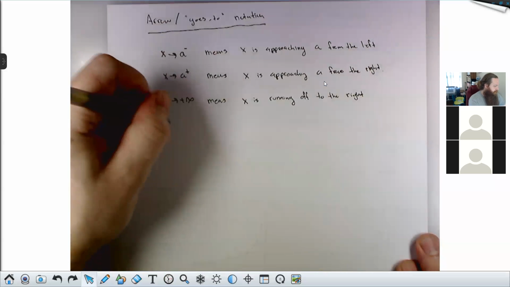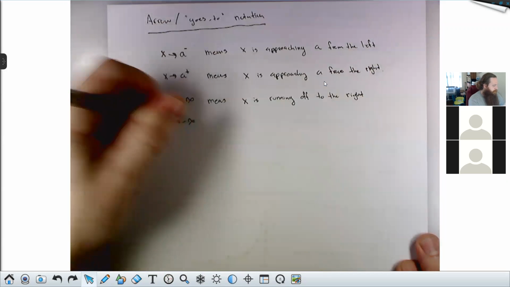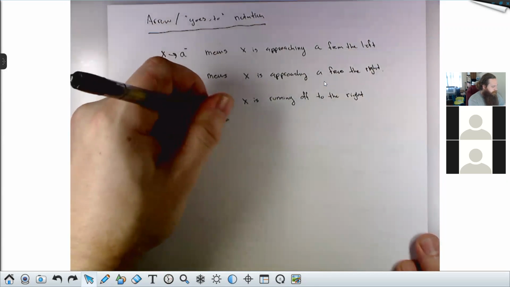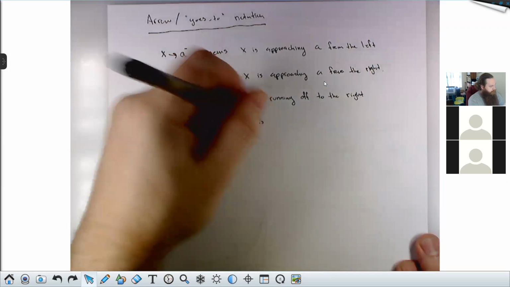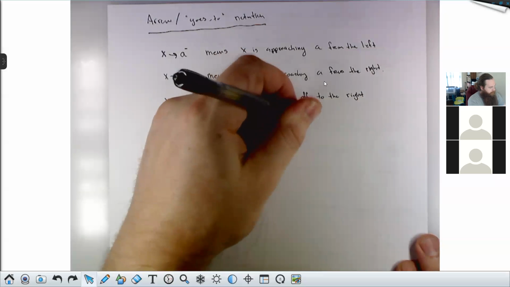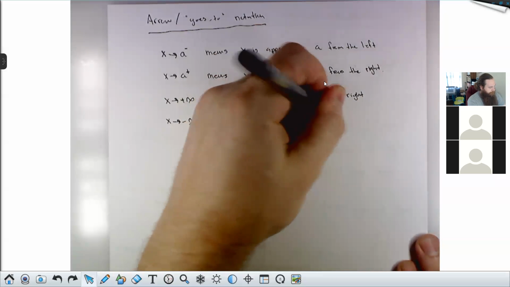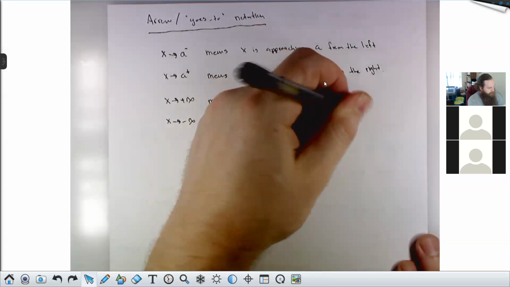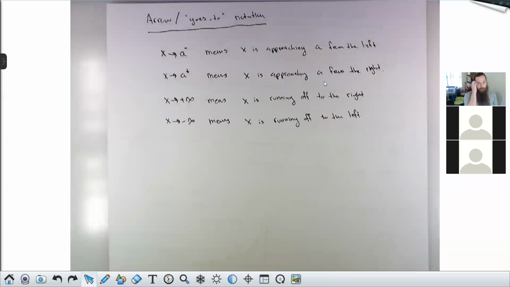And if I say x is going to negative infinity, this means x is running off to the left. So this is the kind of natural language for describing asymptotes. Because we don't ever actually arrive at that asymptote, you may cross it, but the behavior is that you get closer and closer and closer.